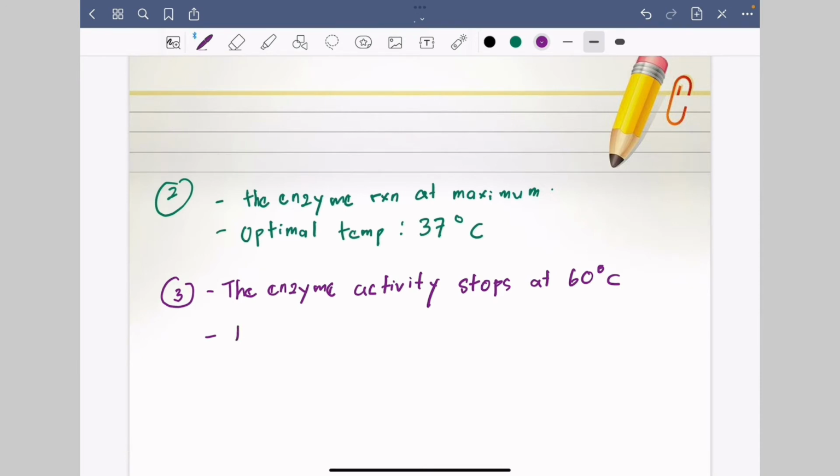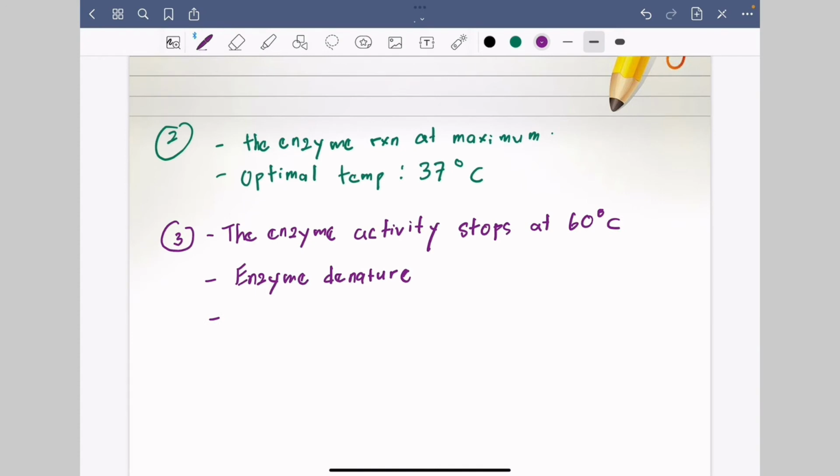Because the enzyme is denatured. And what happens during the denaturation process? The substrate does not complement the active site of the enzyme.